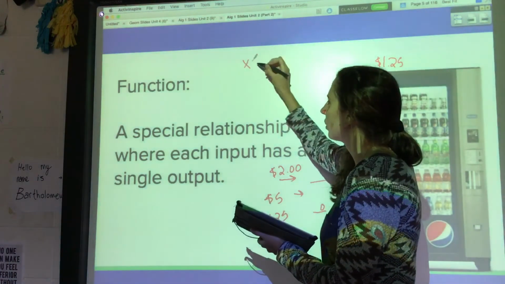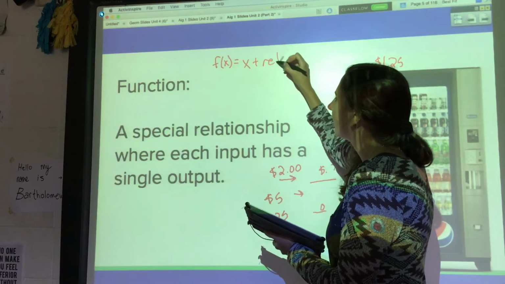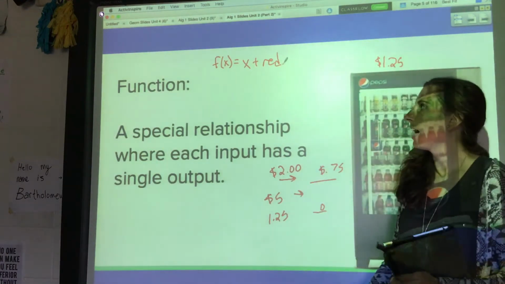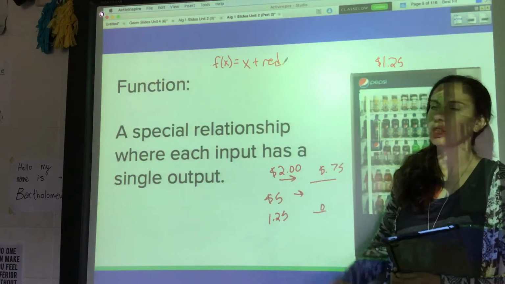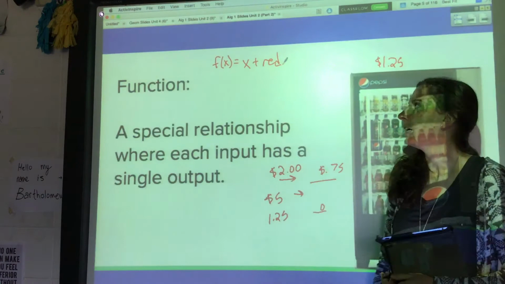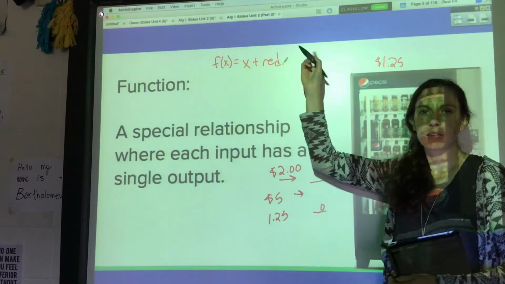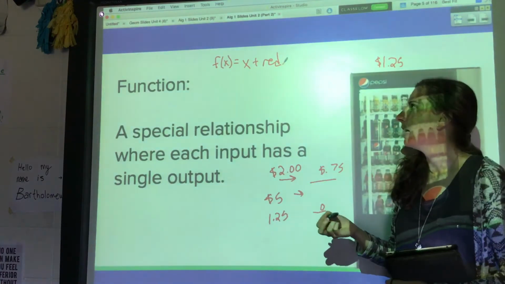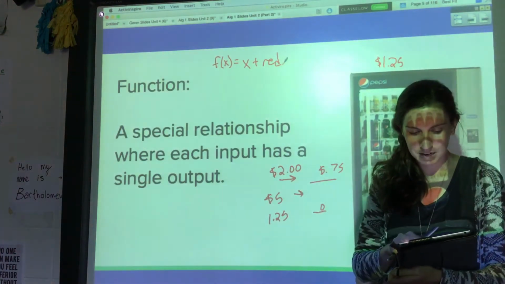Let's say we have the function f of x equals x plus red. Let's say I put in blue to this function. Blue plus red would give me out purple. If I put in white for x, white plus red would give me out some sort of pink looking thing. So that's a function, paint.